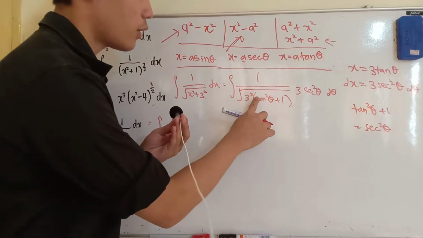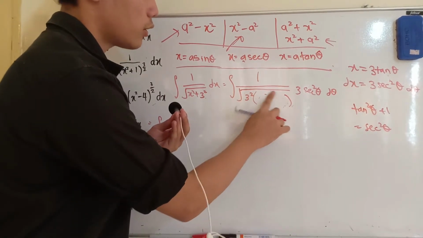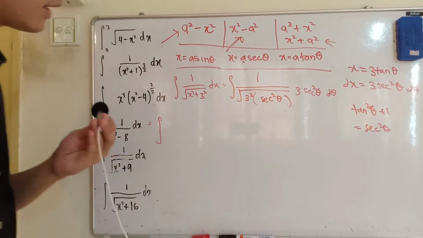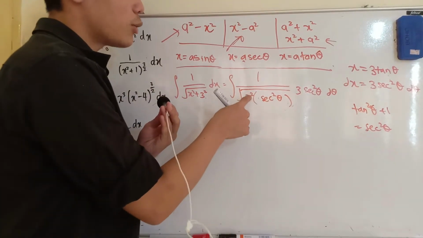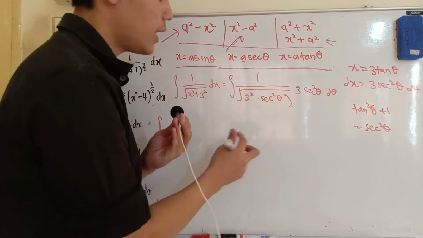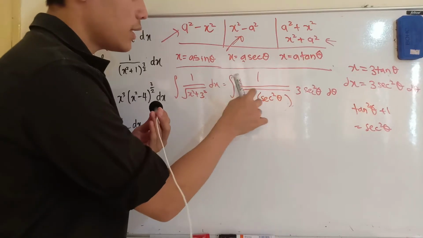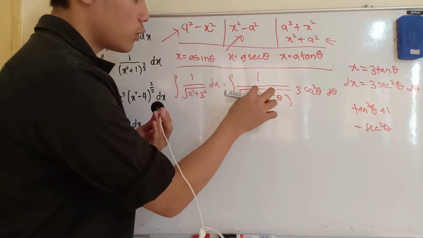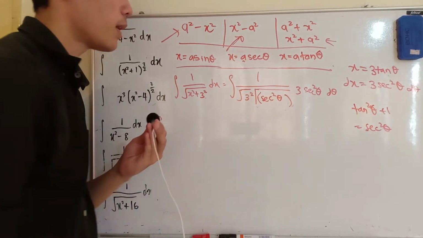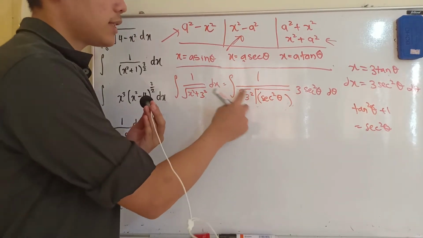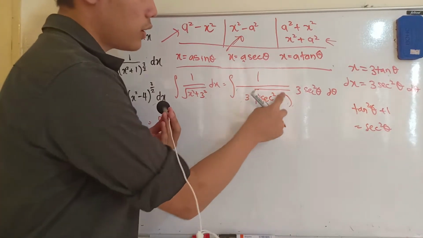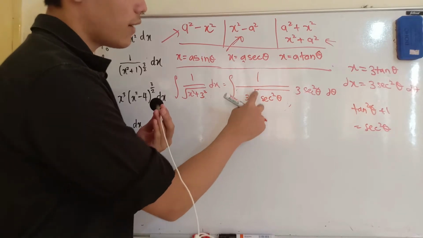So you just substitute over here, and it's going to be secant squared theta. What are you going to have over here? You're going to split the fraction into 2. Now 3 squared over 3, you're going to have 3 only. Your secant squared over secant, you're going to have secant only.